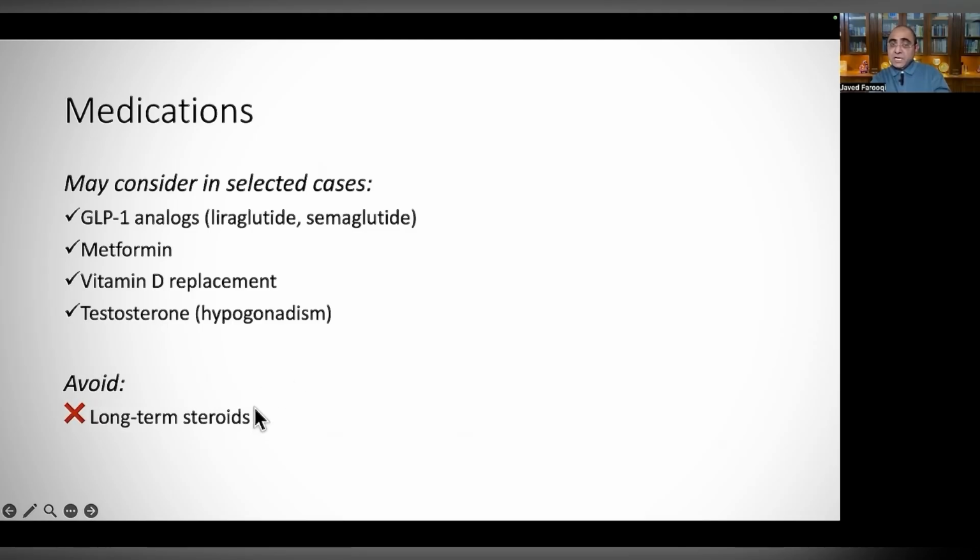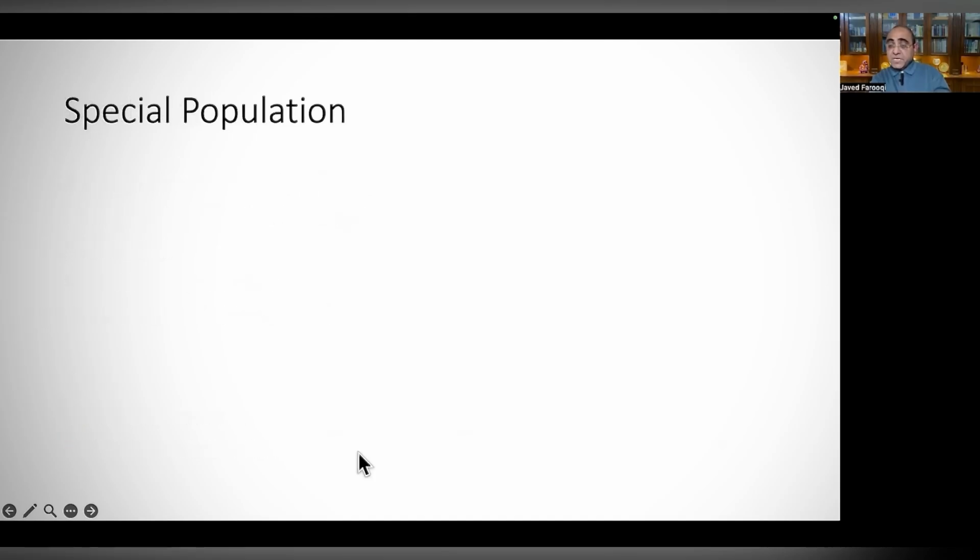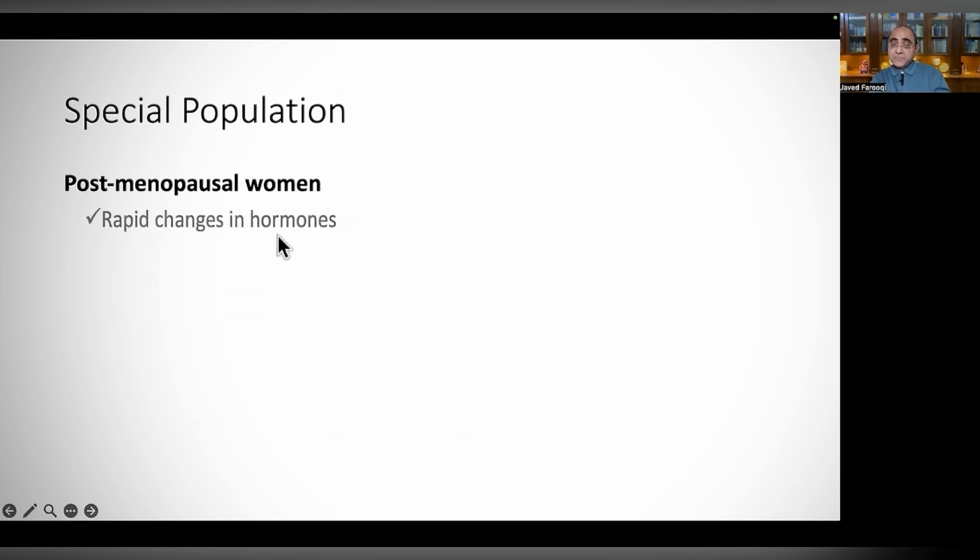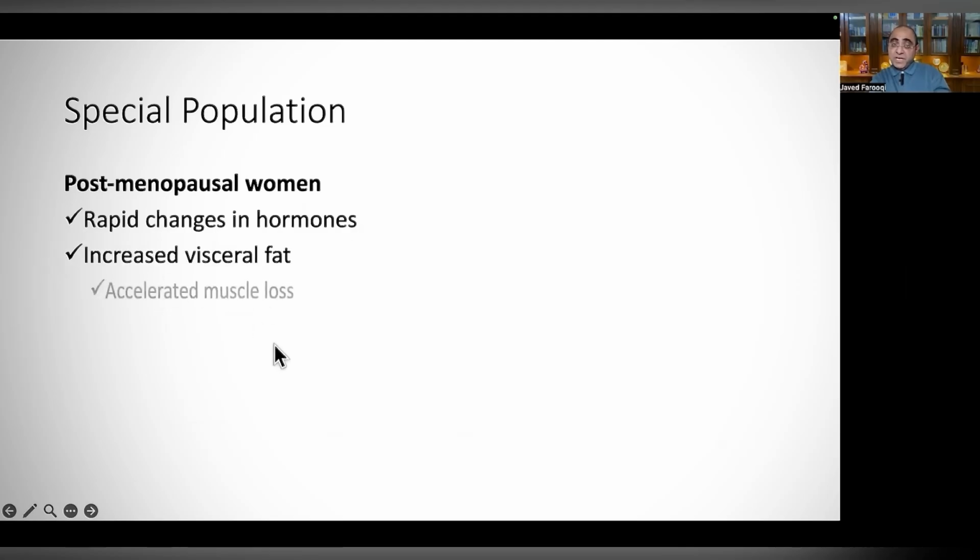Avoid long-term steroids in such patients and overly restrictive diets. Special population, we should not forget, are the postmenopausal women, because there are rapid changes in hormones, increased visceral fat, and accelerated muscle loss.